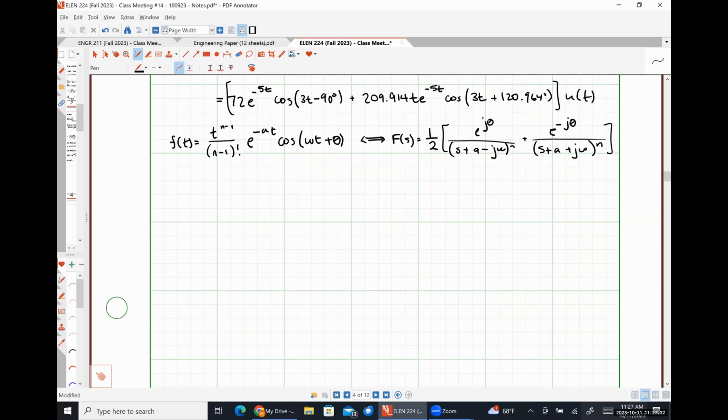And 99 times out of 100, we're actually going to use it to go from the s domain back to the time domain as opposed to the other way around. So that's now the last identity that you could possibly have to use for any type of signal we can realize.